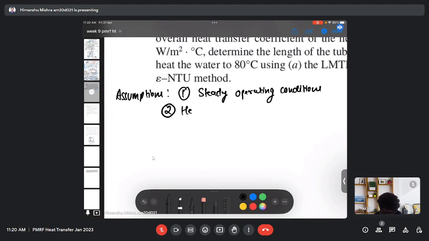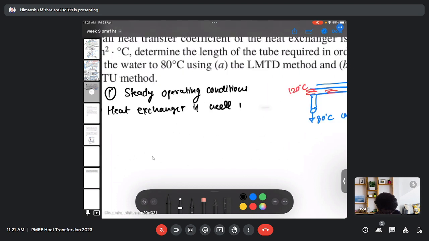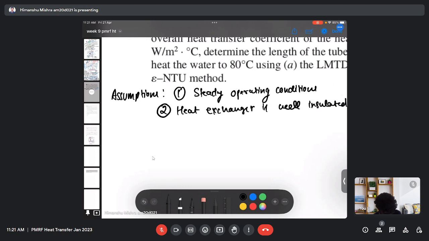And my heat exchanger is insulated. No heat transfer between heat exchanger and surrounding. And the change in kinetic and potential energy is negligible, so there is no change in the specific heat rate or the heat capacity rate of both fluid.